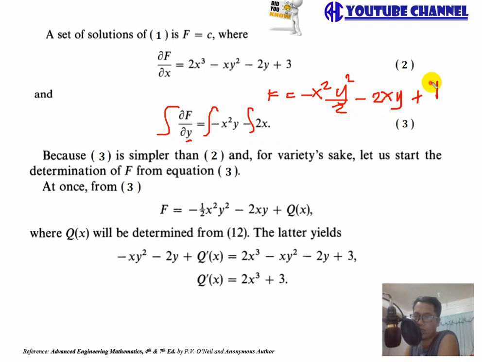Plus, kung y yung variable natin, yung x ay constant natin. So simplify natin, magiging negative 1/2 x squared times y squared minus 2xy plus, yung ginamit dito na variable is q.